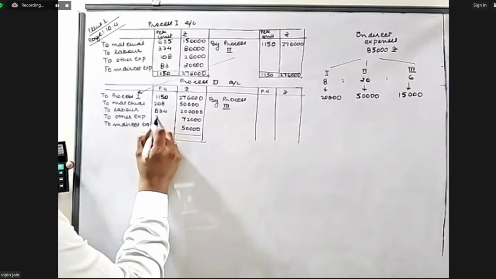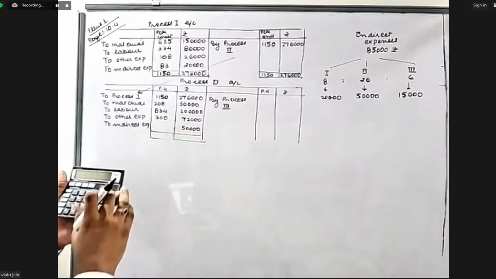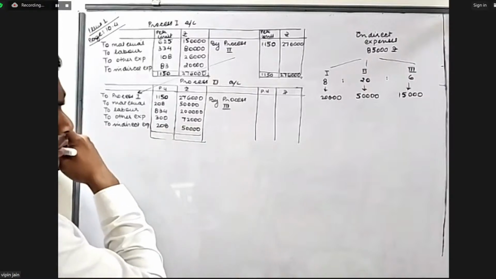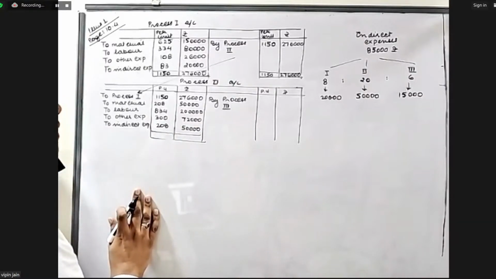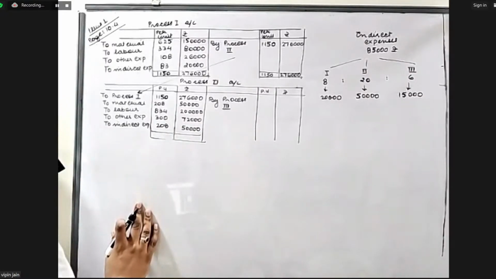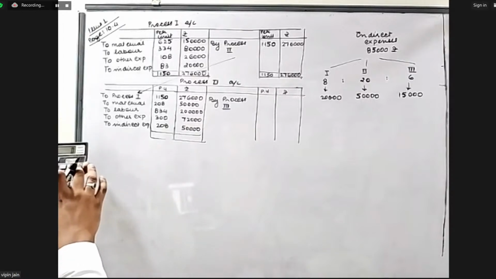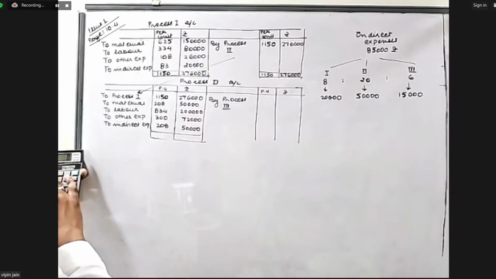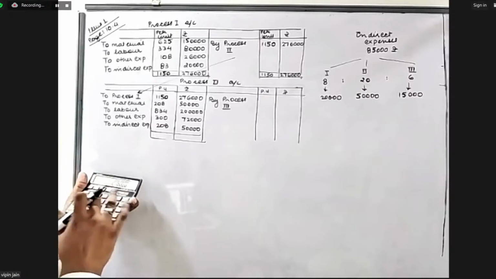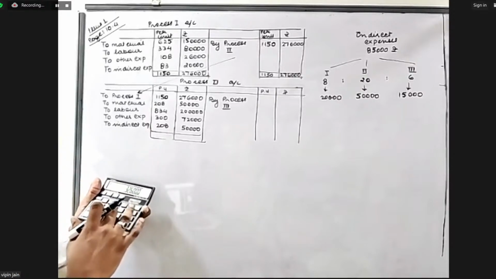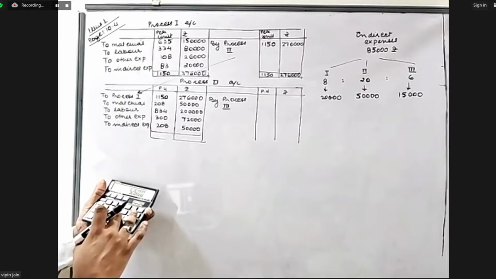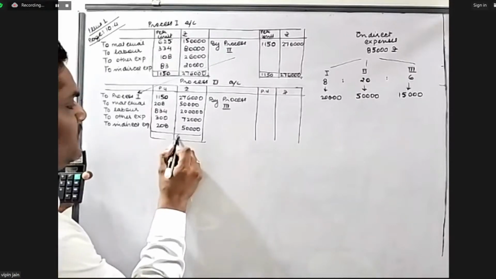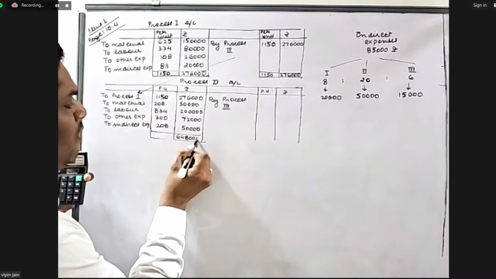This will be 300. This will be 20. Total cost will be 276 plus 50 plus 2 lakh plus 72 plus 50. So this will be 6,48,000.